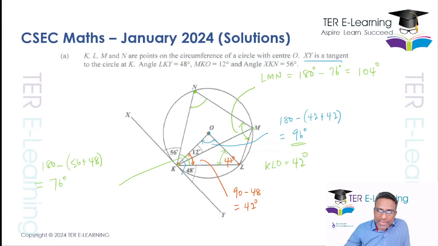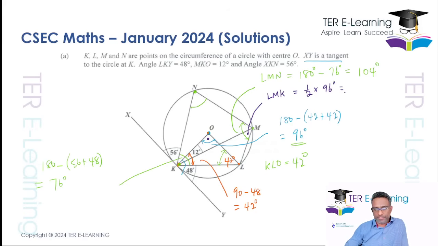Now if I look at the chord KL, I can work out, okay, the diagram is getting a little cluttered now, but this angle here is going to be twice whatever this angle is here. So this angle here, which is LMK, is going to be a half multiplied by whatever the angle at the center was, which was 96.